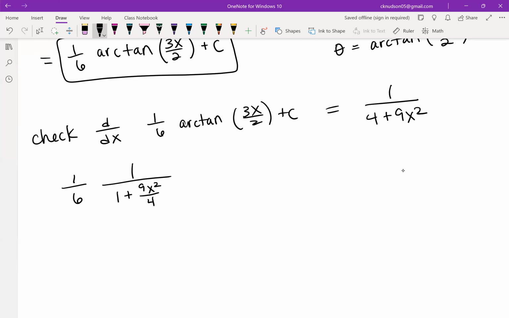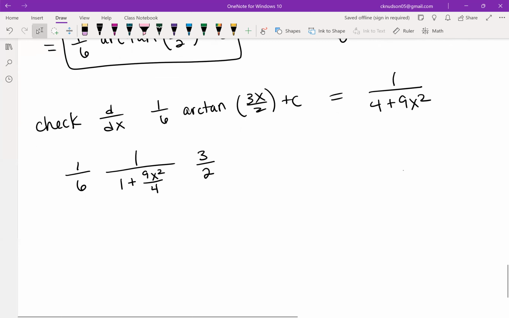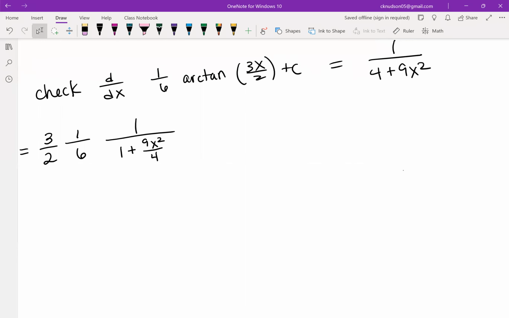Now we need to take the derivative of 3x over 2, which leaves 3/2. And that's because we have to use the chain rule. So let's bring these constants all together. Let's bring the 3/2 in front. So we have 3 over 2 times 6. So we have 1/4 times 1 plus 9x squared over 4.